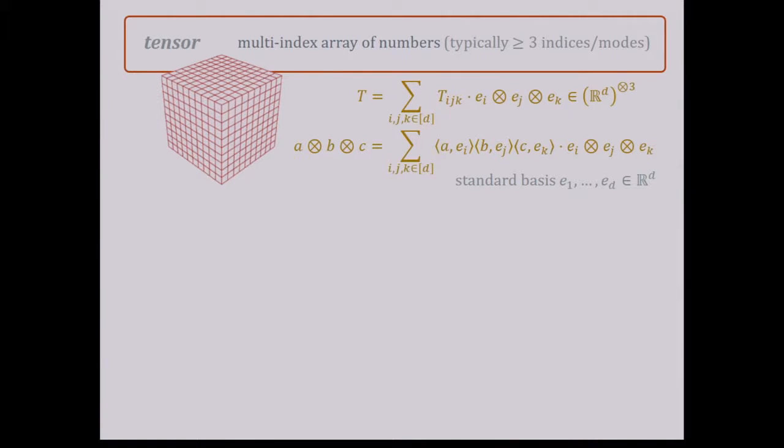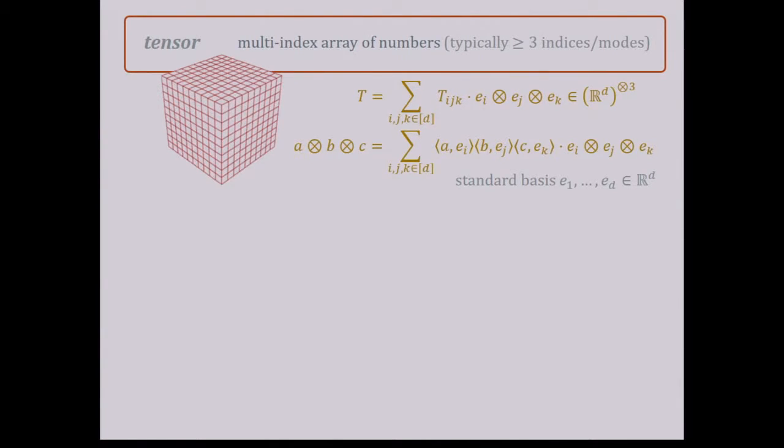More formally, a 3-tensor over R^d is a linear combination of these kinds of guys, which are just triples of basis elements of R^d, and that's how the space of 3-tensors over R^d looks.